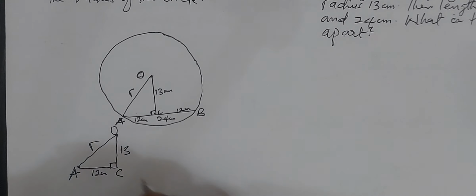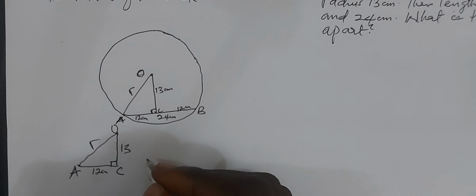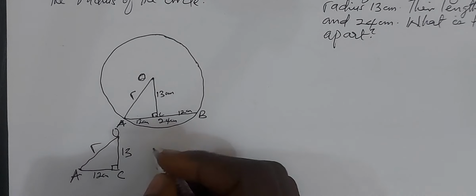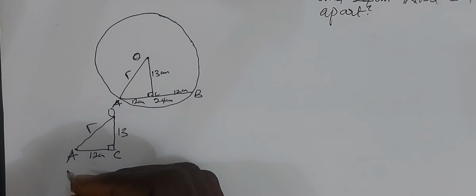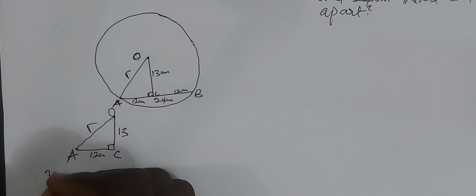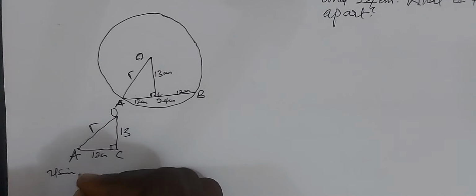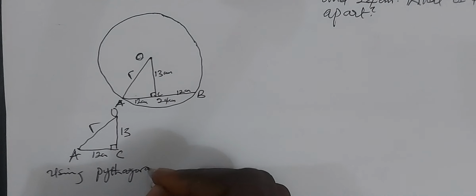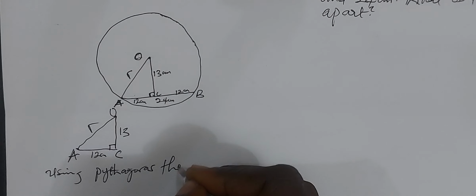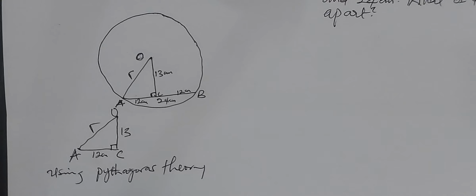So what we have now is your R squared, using Pythagoras theorem, which all of us know.